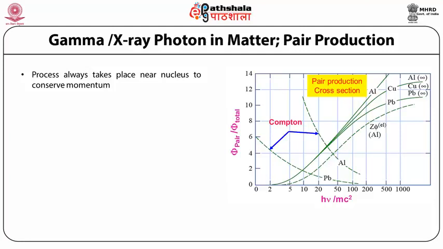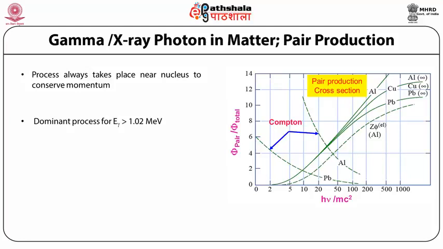Also, it has been observed that pair production is a dominant process for gamma ray photons of energy greater than 1.02 MeV. Why is this energy requirement there? Because in this process, an electron positron pair is produced. So energy has to convert to mass, and the rest mass of the electron is 0.511 MeV, and the positron is the antiparticle of the electron.